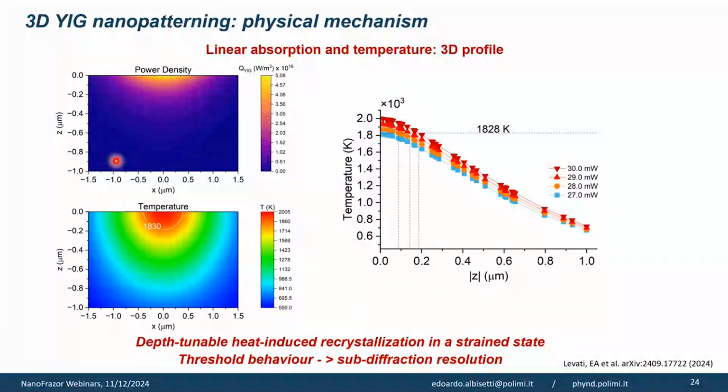And in that case, the spatial resolution is lower, but the tunability is a little bit higher. So it's a trade-off between, let's say, spatial resolution that you can reach and tunability of the transition. And in this case, what we found out, even if it's really difficult to be quantitative and sure, is that the tunability is in the depth more than in the change in the properties that we have in the transformed region.